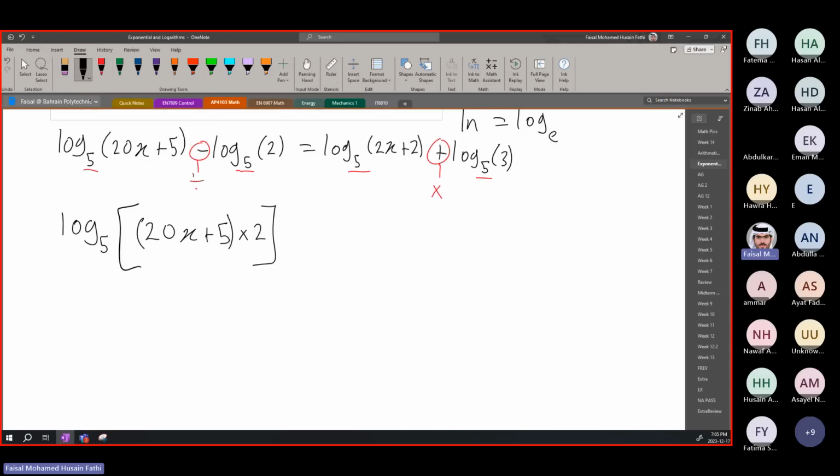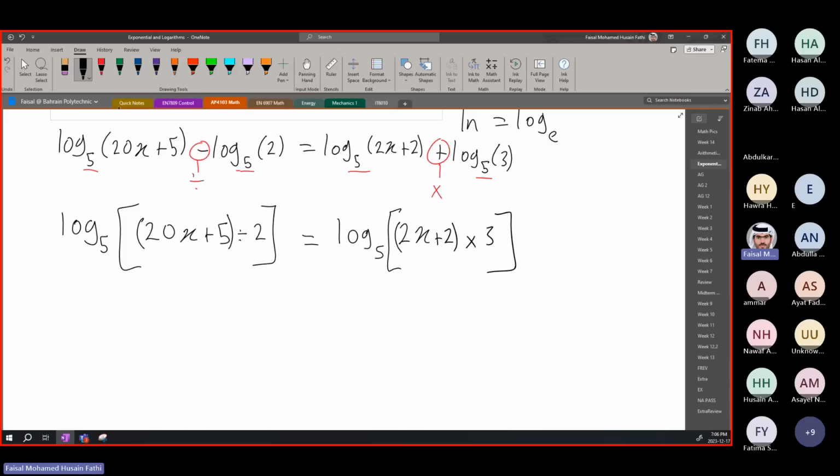Keep the parentheses, make sure it's divided by 2 for everything here, which is equal to log base 5 of 2x plus 2, times 3.